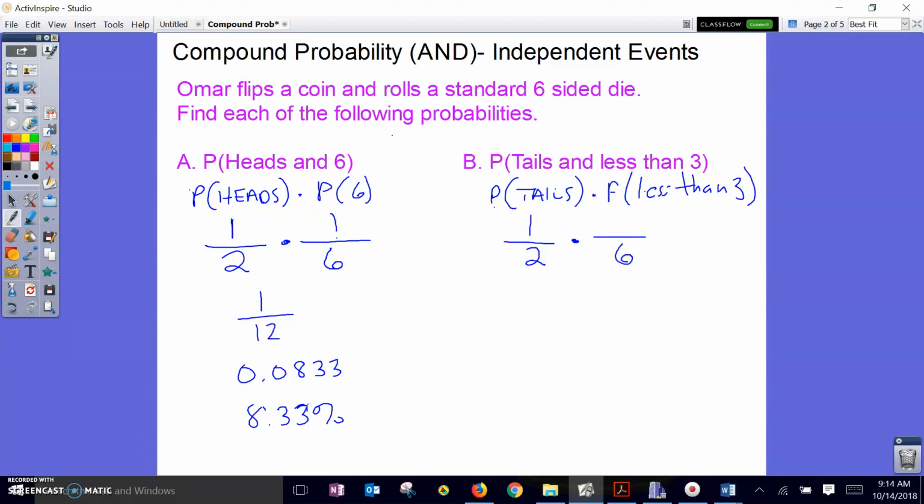Well, there's 1 and there's 2. Those are both less than 3, but that's it. And I'll multiply those two fractions together. I'm actually just going to go ahead and cancel the 2's out, and that's going to be 1/6. Or if you decide to turn it into a decimal, 0.1666, or as a percent, 16.66%.